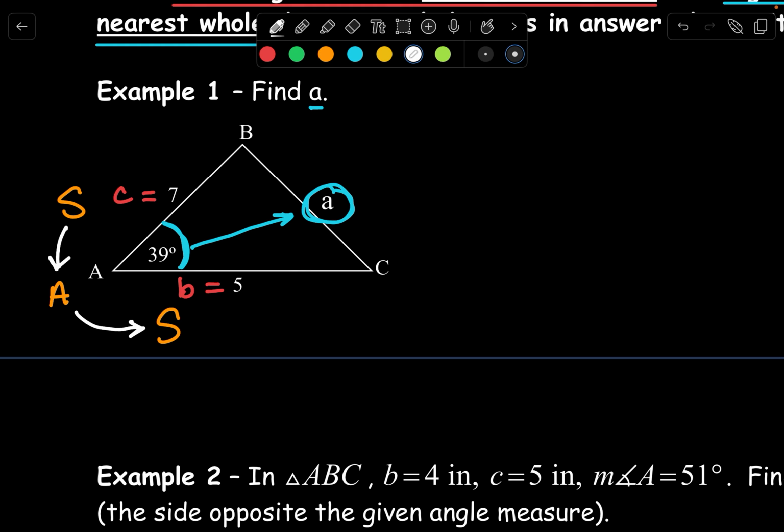Since it's side, angle, side, we can use the law of cosines, and we would use the equation that's set up for finding a.